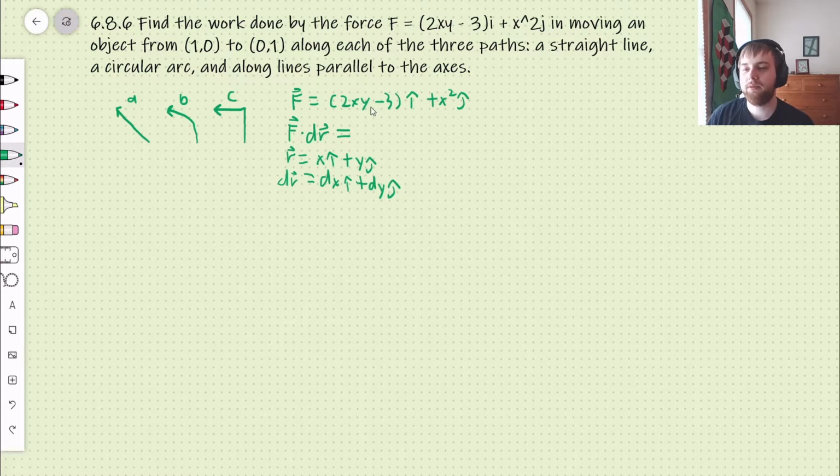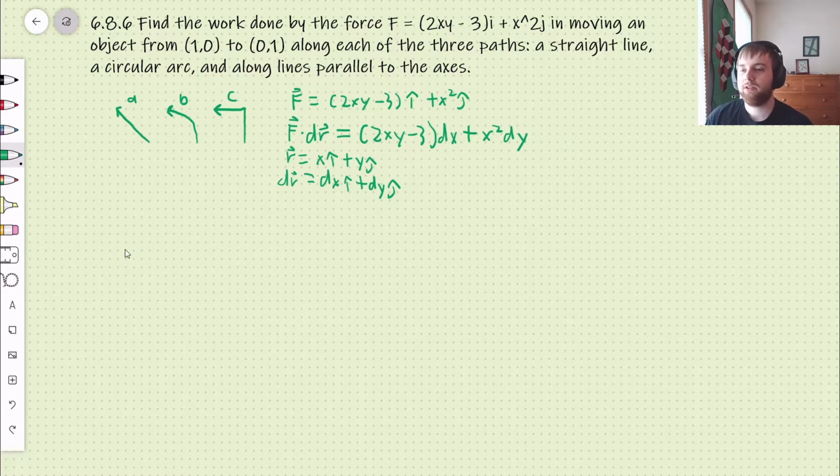And then we multiply the components with each other and add them together. So we get this here, dx, and we don't keep the i hat in anymore. And then x squared dy, and we don't keep the j hat in there either.